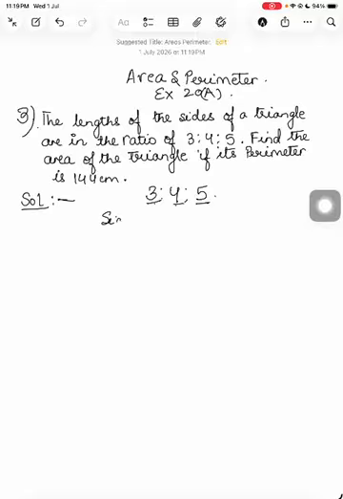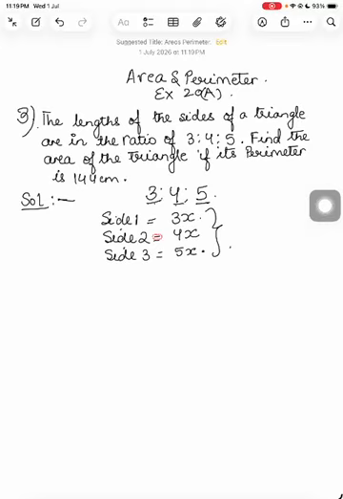So side 1 will become 3x, 3 multiplied by a constant. Side 2 will become 4x, 4 multiplied by the same constant. And side 3 will become 5x. So these are now the real sides of the triangle.